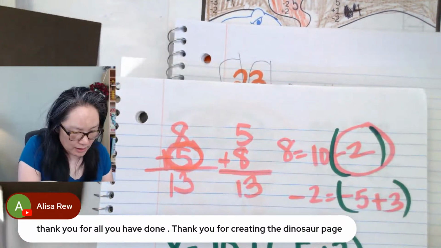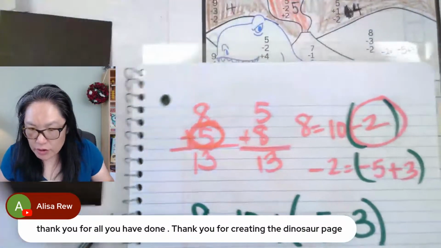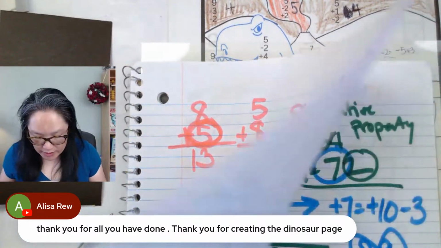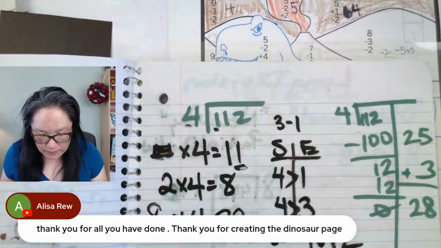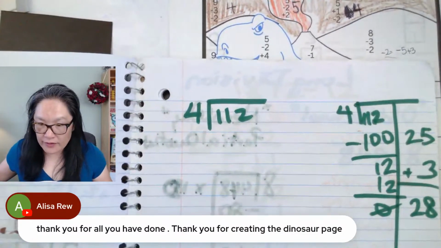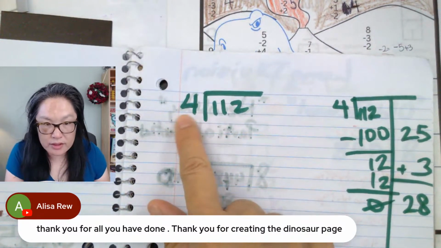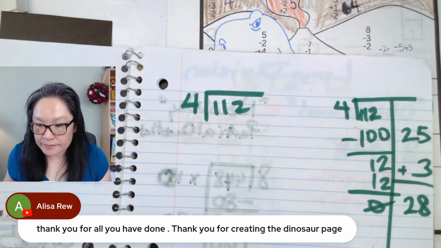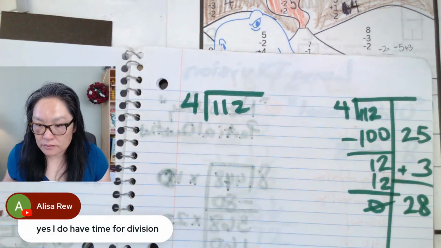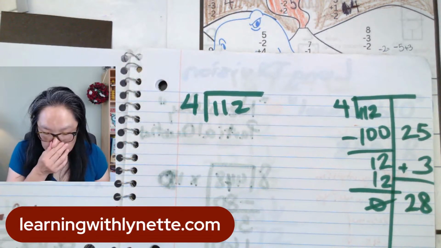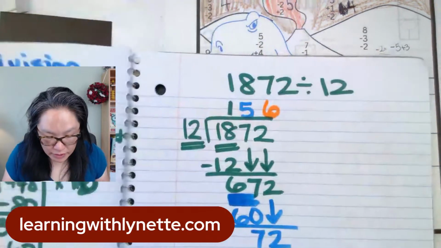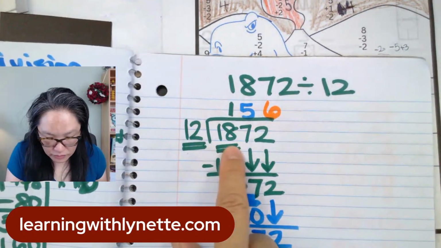This is not two digits. This is one digit. Is it okay to do one or did you want to do two digits?